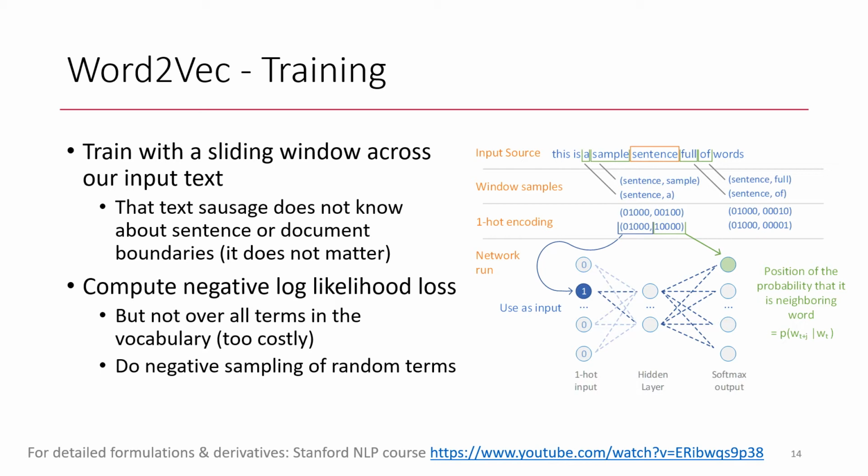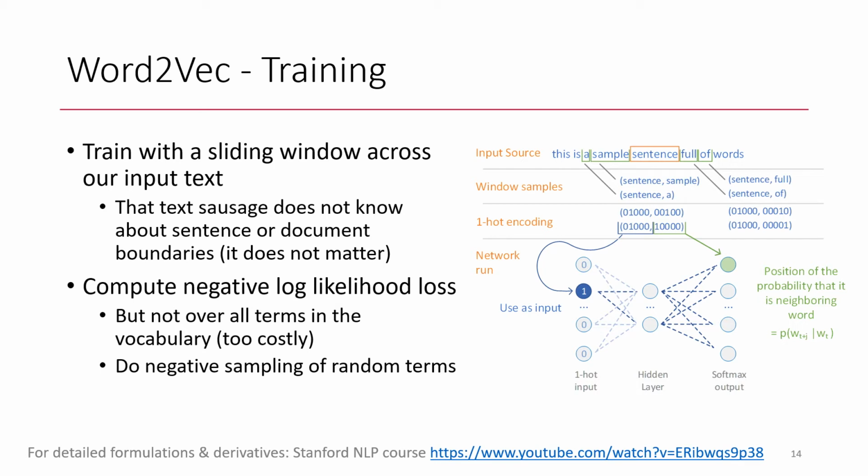So you can see that we also discard the distance between our main and the windowed words. Then we look up our one-hot encoding from our vocabulary position, and we feed each sample individually into the network.